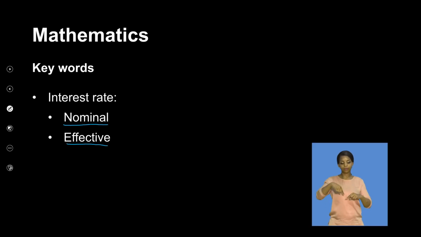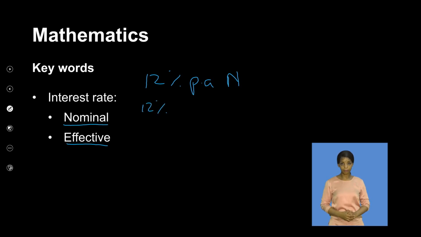So for example, if we're talking about that 12% per annum that I was just using now, this means that this would be my nominal interest rate. But now, if I use 12% per annum compounded monthly, it means I'm going to get 1%, right, each and every month.